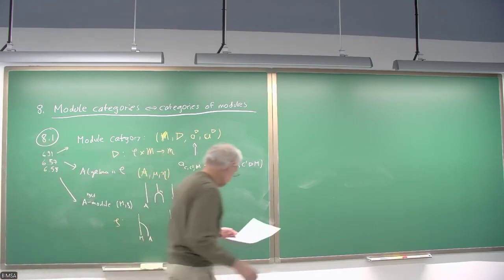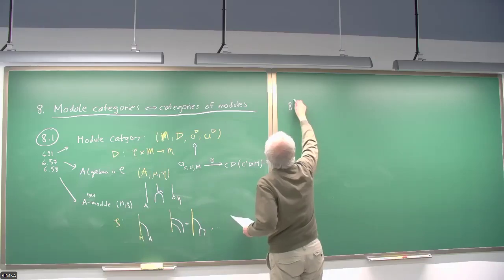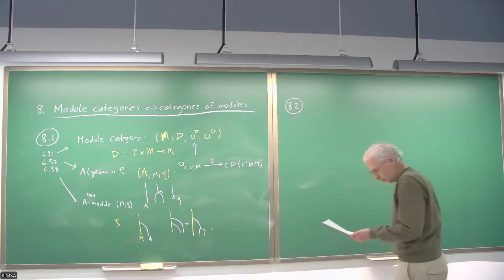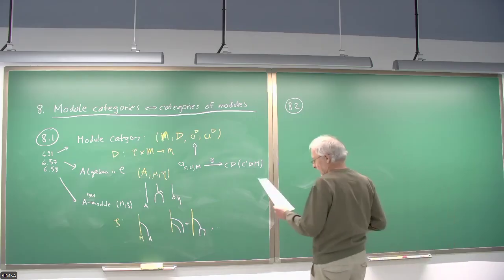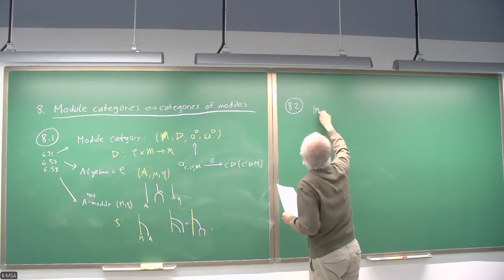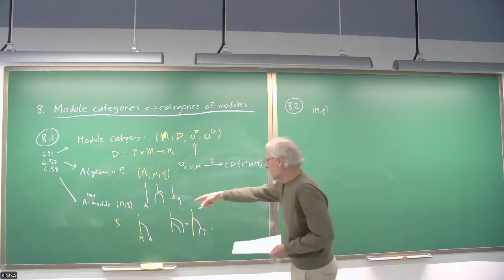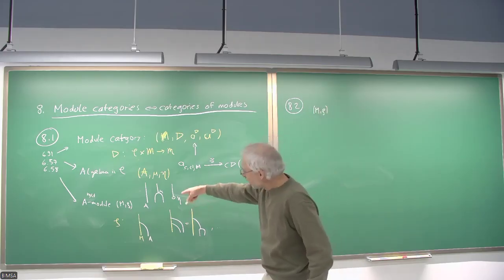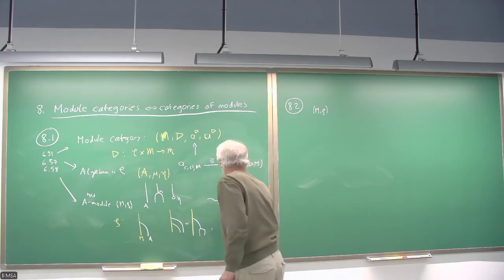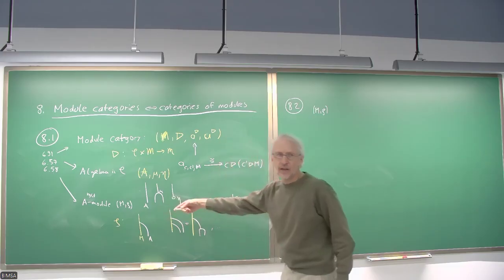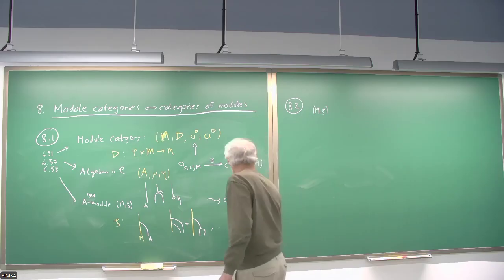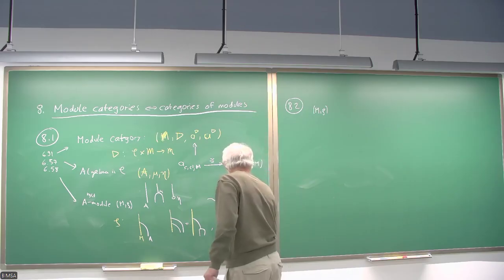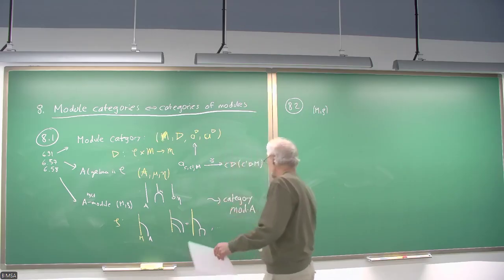And now one relation between these is immediate, namely, assume here these are the objects of the category of A modules, and morphisms are morphisms in C compatible with the action. So we have a category which I call mod A, if A is acting from the right.